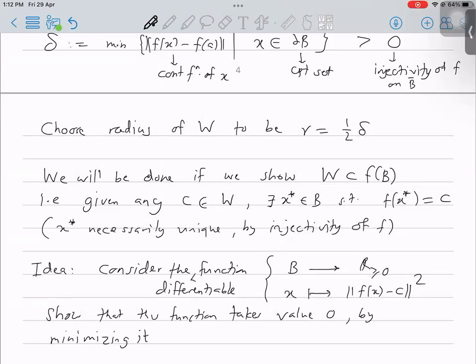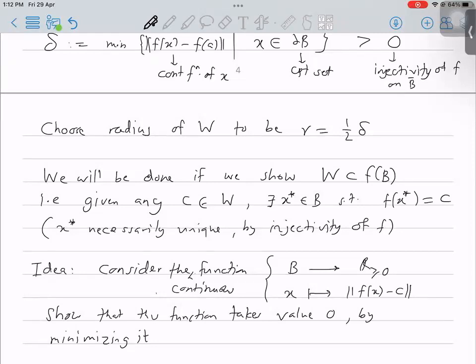In order to show that this function takes a minimum, what am I going to use? This is a continuous function, and let's get rid of the square and bring it in later. It is continuous because f is continuous, subtraction of c is continuous, and the norm is continuous.